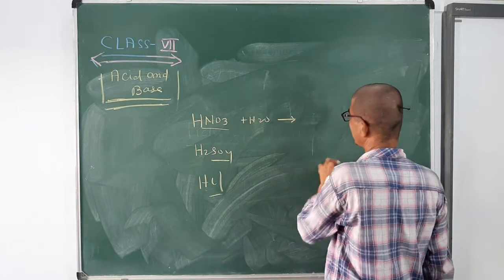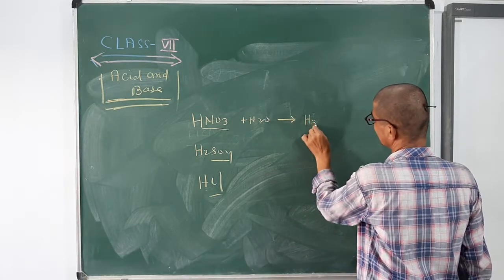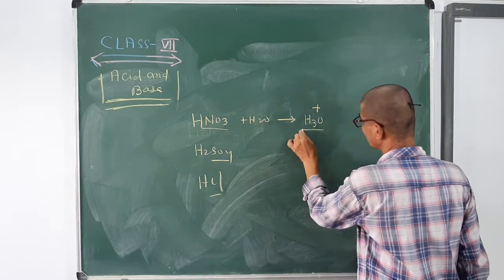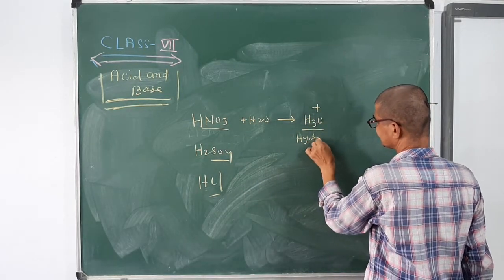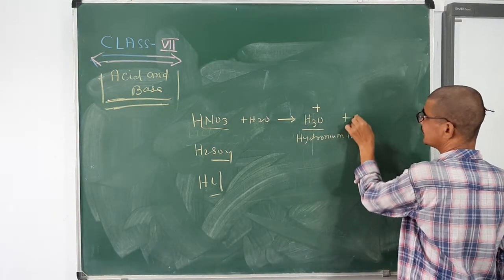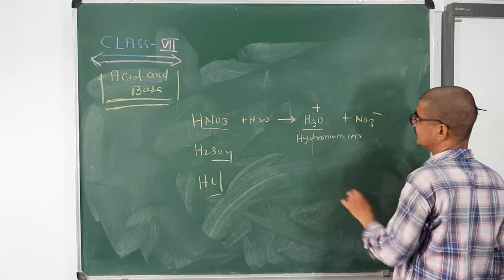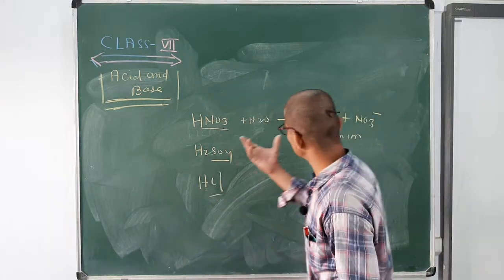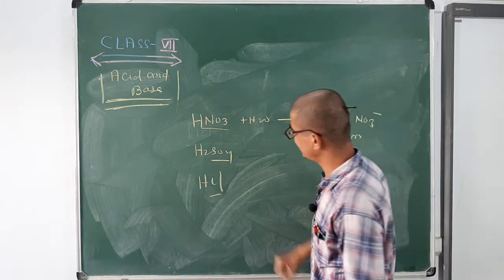It gives replaceable hydrogen ion. Hydrogen ion combines with water to form hydronium ion and nitrate ion. So this is called hydronium ion. So acid provides us hydrogen ions, that's why they are called acid.